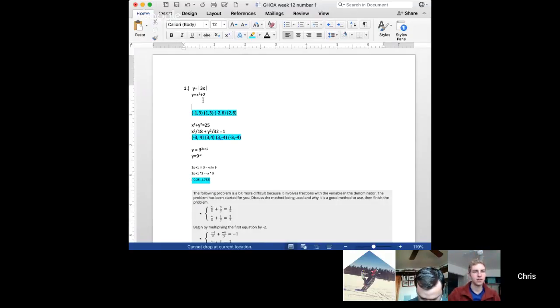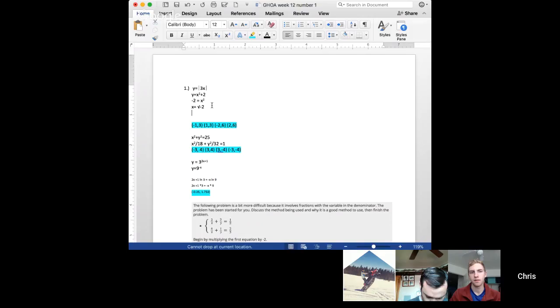So minus 2 equals x squared. And we have the radical, root 2. That is what x equals. And so then you take that back in. This is substitution.